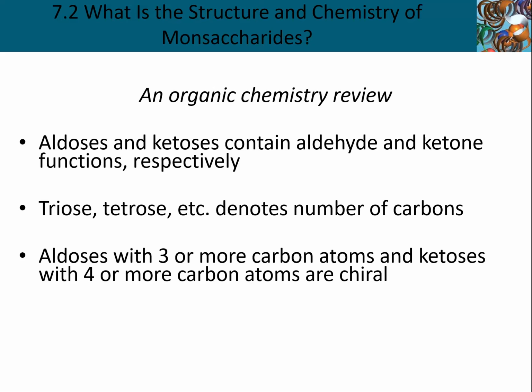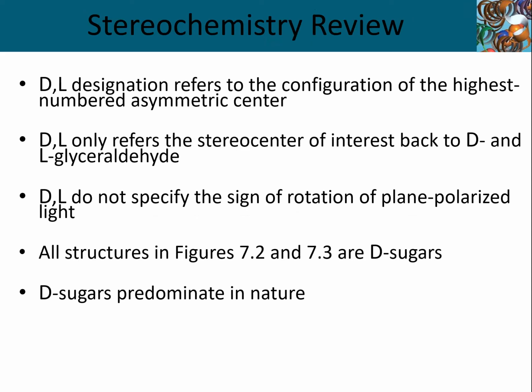So when we talk about stereochemistry of carbohydrates, aldoses with 3 or more carbons in their chain and ketoses which have 4 or more carbons are going to be chiral compounds because of the inherent asymmetry in their structure. And when we're talking about the conventions of carbohydrates, we don't use R and S because biochemists established a convention a long time ago.